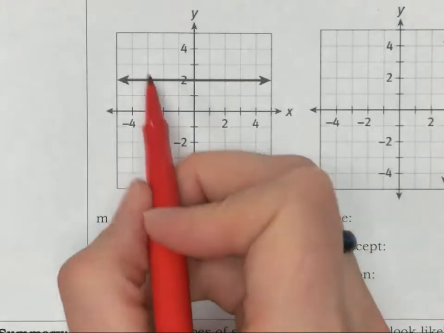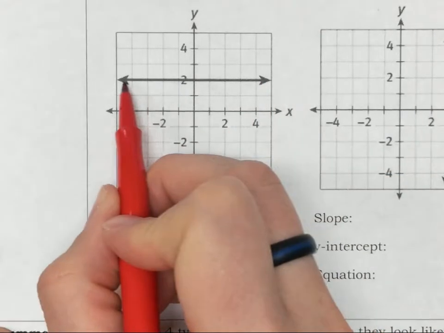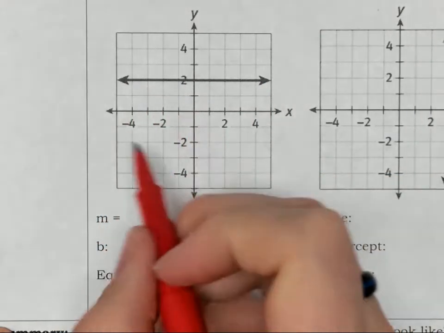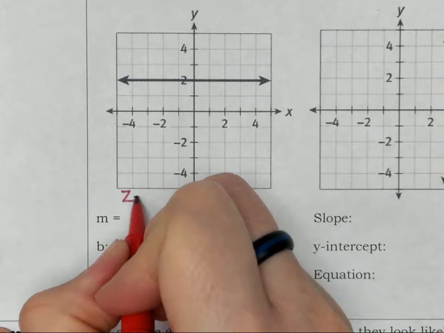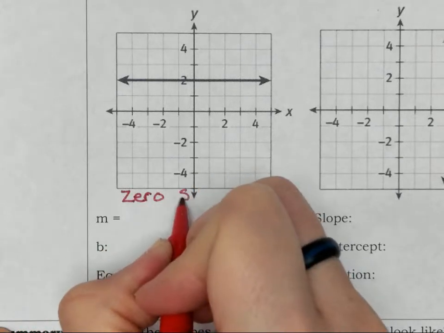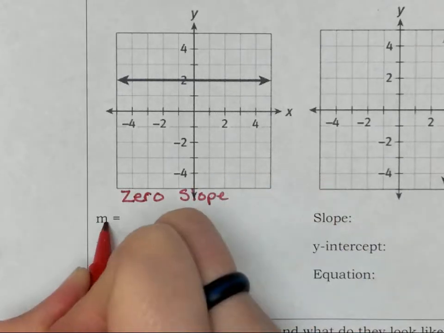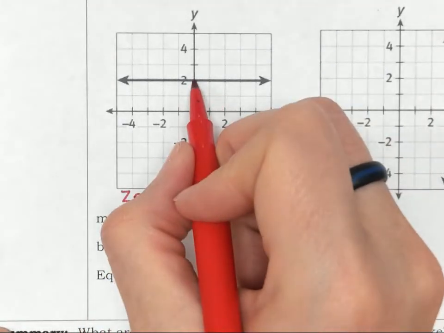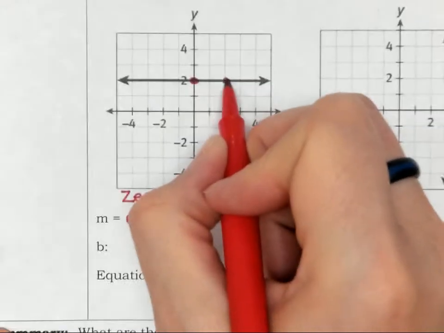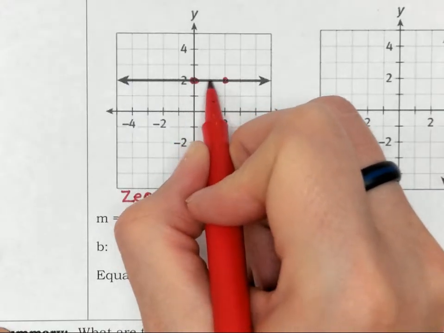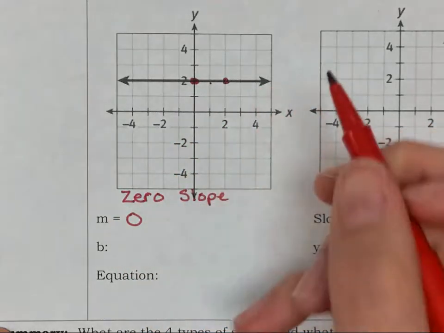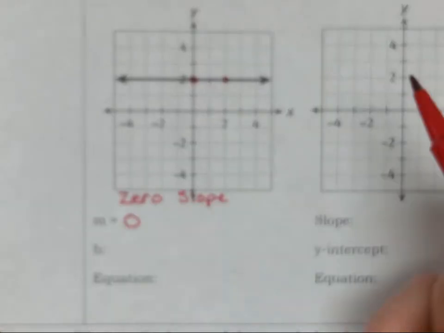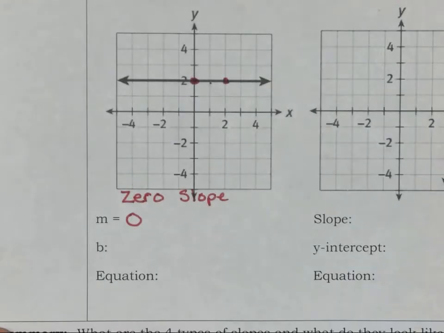All right, I have a flat line, meaning it is not increasing, it is not decreasing, it's doing nothing. It has a 0 slope. And that's what I write here. I write 0. If I were to try to count the rise and the run, I would rise nothing, run 2. Well, if I rise nothing, that's 0 over 2, which means just 0.